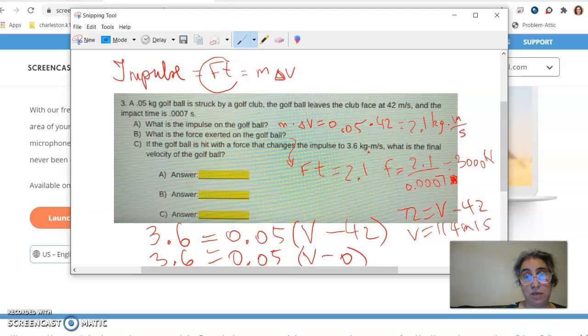Now, if we start from fresh, from 0, in case it's a second player who hits the ball after the first one took off, we just divide 3.6 by 0.05. I'm dividing again because it was 72. I forgot how much it was. So the velocity would be 72 meters per second.